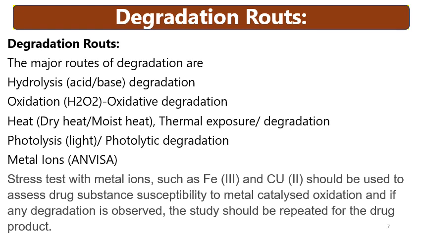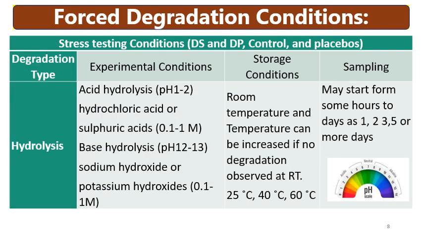As these metal ions catalyze the oxidation process, that's why these two metal ions' susceptibility is required to be studied, and that's why due to this oxidation degradation may happen. So ANVISA gives the information about the metal ion catalyzed oxidation.